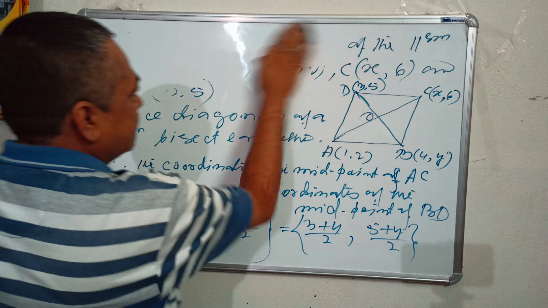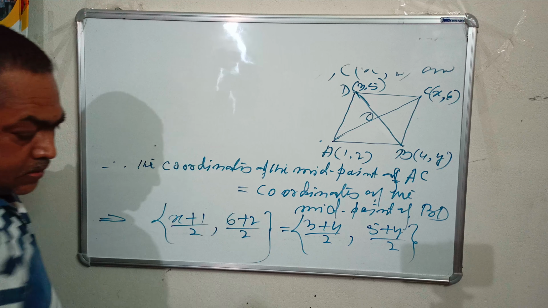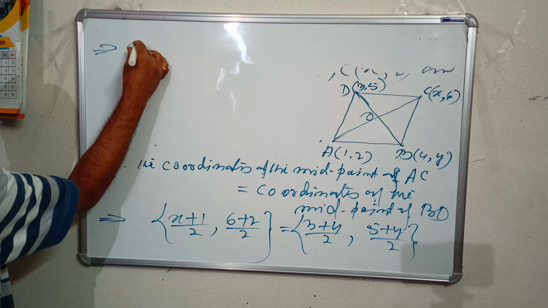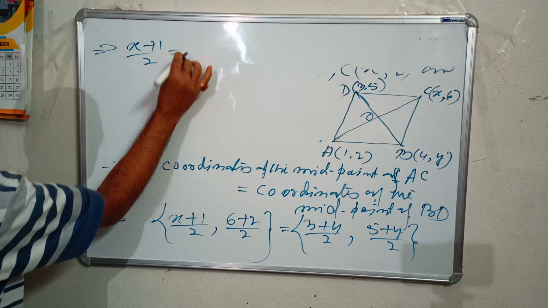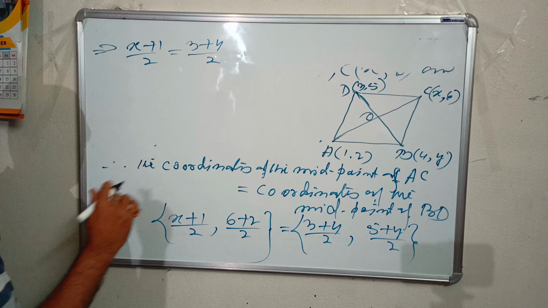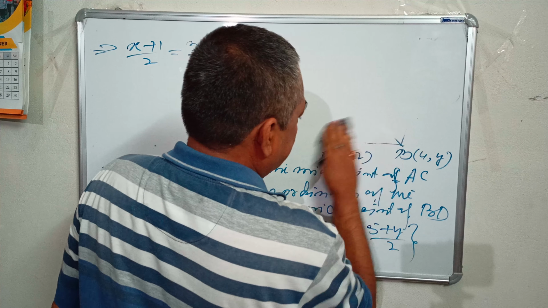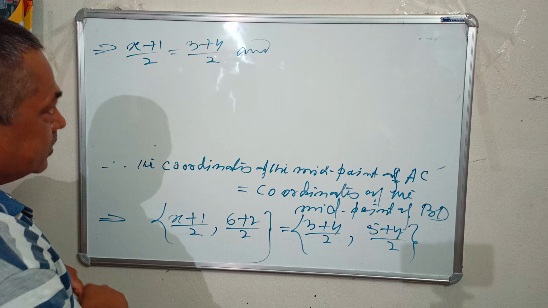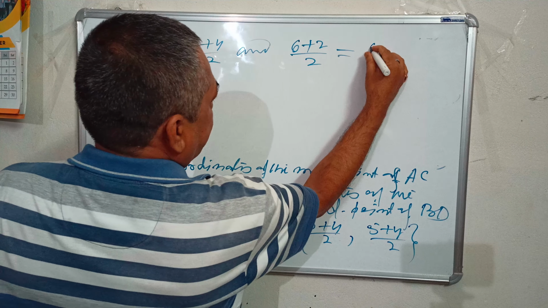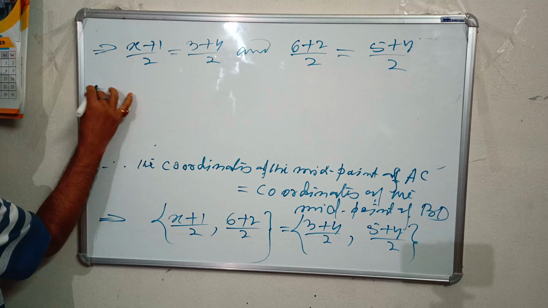So this implies (x plus 1) by 2 equals (3 plus 4) by 2, and (6 plus 2) by 2 equals (5 plus y) by 2. Here denominator 2, there denominator 2, so I remove the denominator.